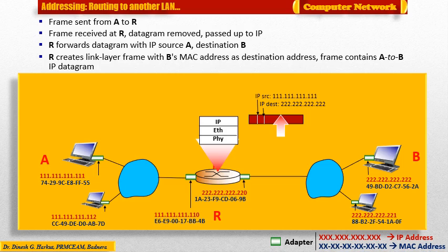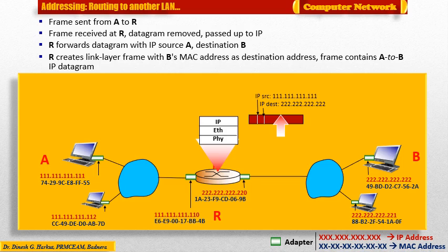The forwarding table tells the router that the datagram must be forwarded via the router's interface having address 222.222.222.220. This interface then passes the datagram to its adapter, which encapsulates the datagram in a new frame.